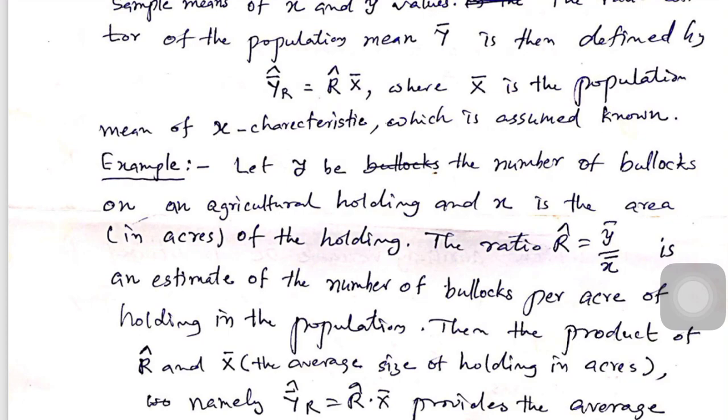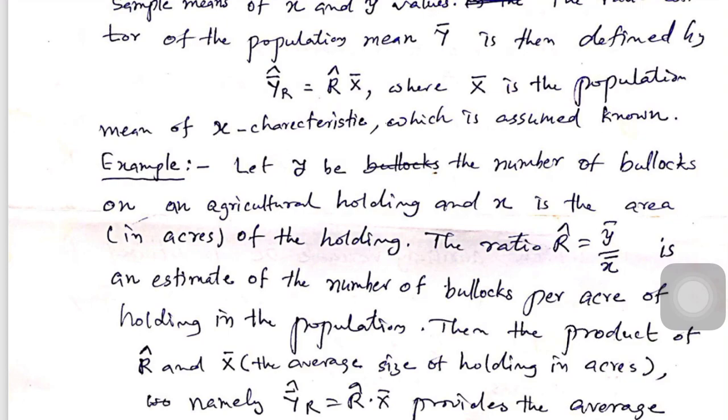And you can have the area in acres of all those holdings, and probably you will be having a record of that, and you are having a number of bullocks in different holdings. You take a simple random sample out of the capital N holdings. Suppose you are selecting small n holdings out of capital N holdings, and you are counting x's and y's.